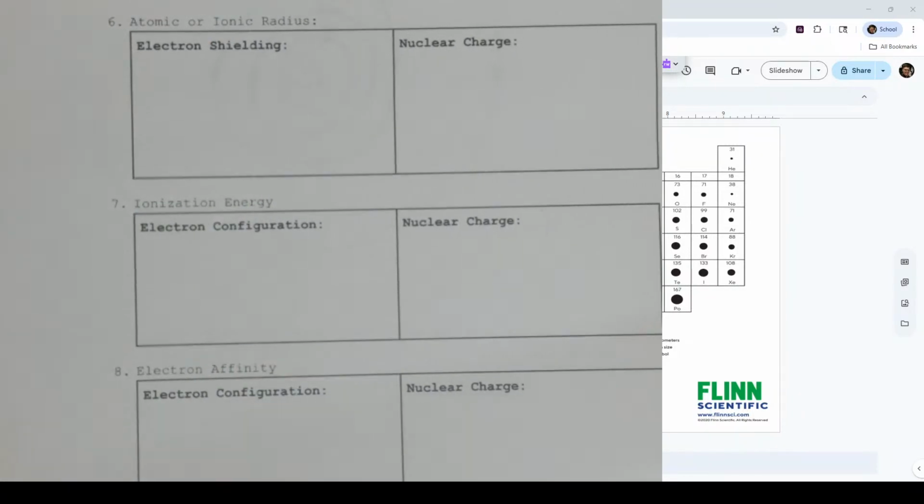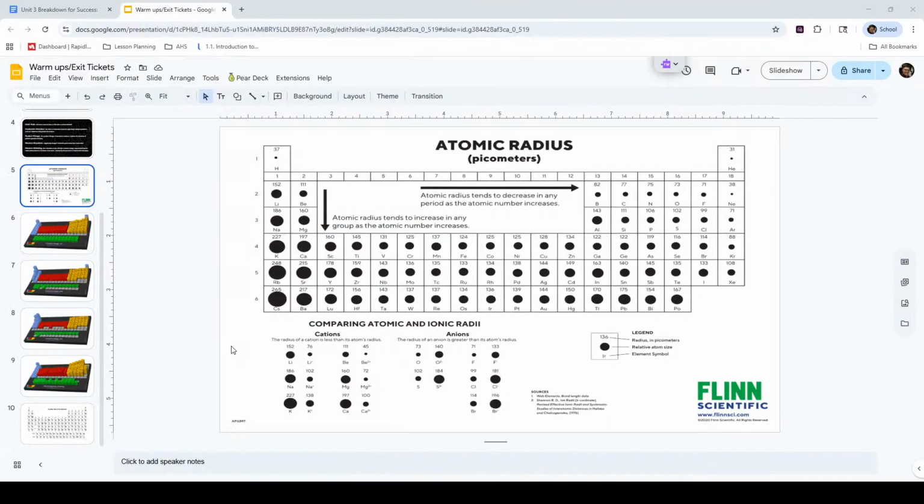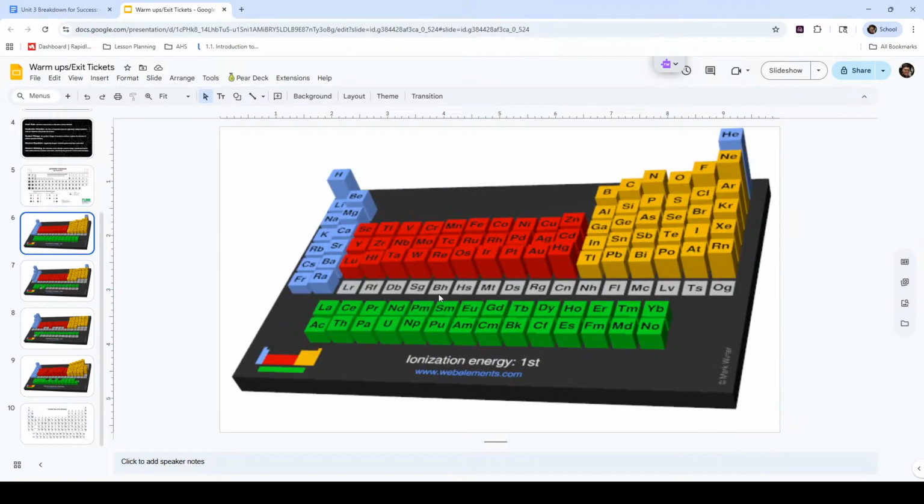So let's look at ionization energy. Okay, let me hide this really quick. Go back here, and all of these charts, I've linked this website to your Schoology page.